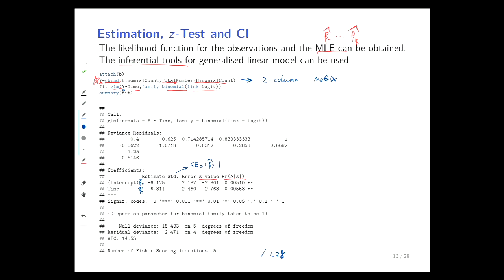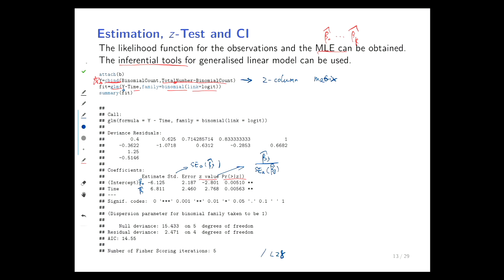And also we have the z value, which is our test statistic, and it equals beta j hat divided by the standard error of beta j hat.